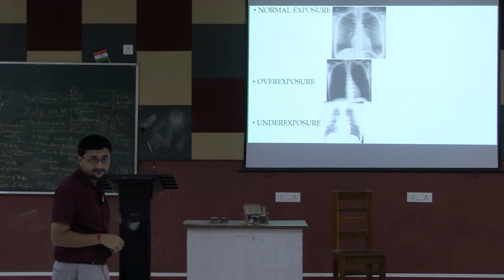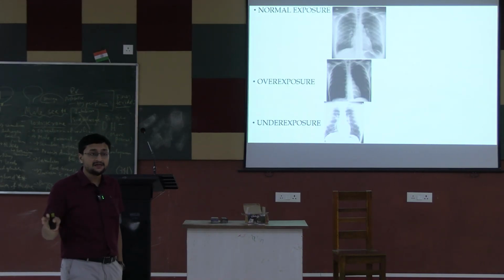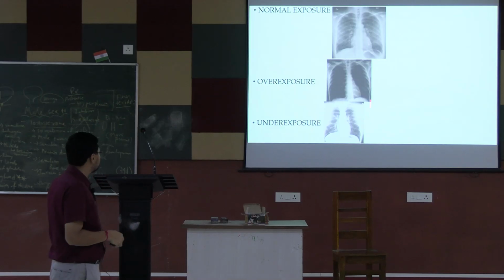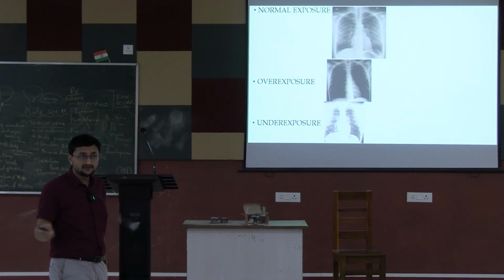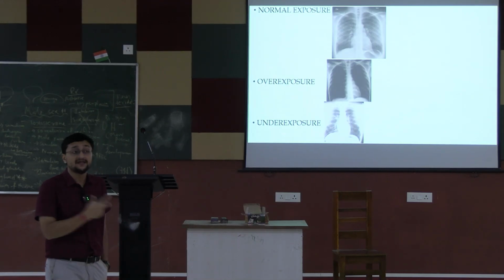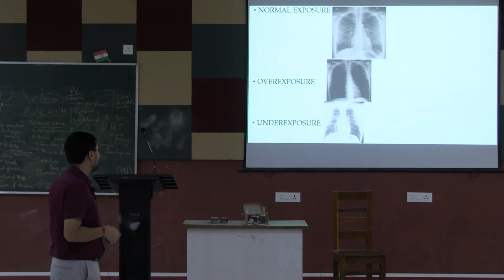But in an overexposed film, you cannot delineate any pathological change in lung parenchyma because it is not clearly visible. And this is underexposure. The shadow of the vertebra is not visible and this is more hypolucent, that means more white, right? So this is exposure.